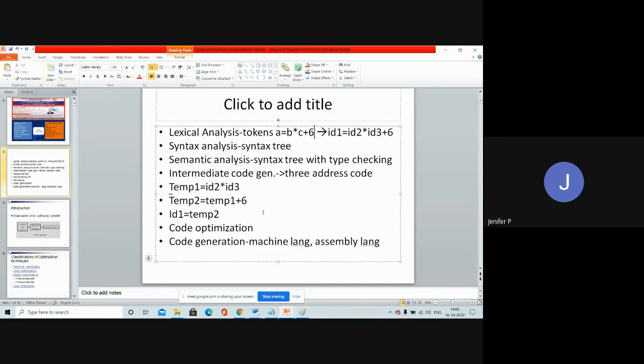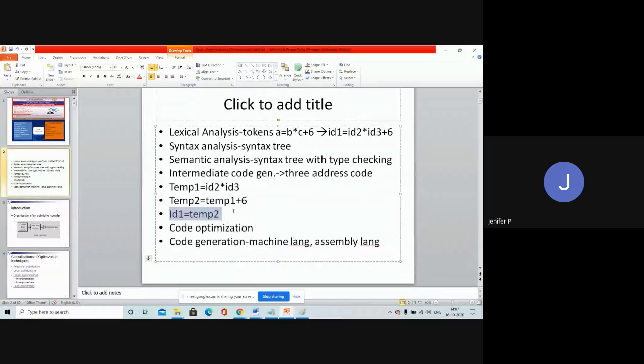Now, what code optimization will do is analyze the data flow between each statement. Data flow means, when you consider the second statement, temp1 is the value obtained in the first statement, right? And in the third statement, temp2 is the value obtained in the second statement, right?